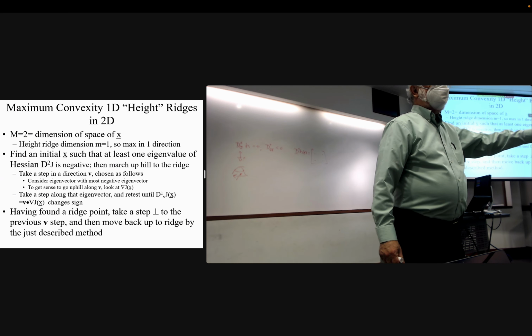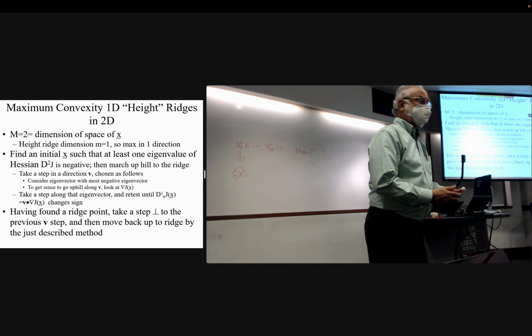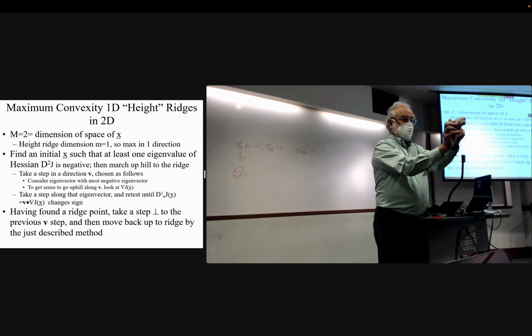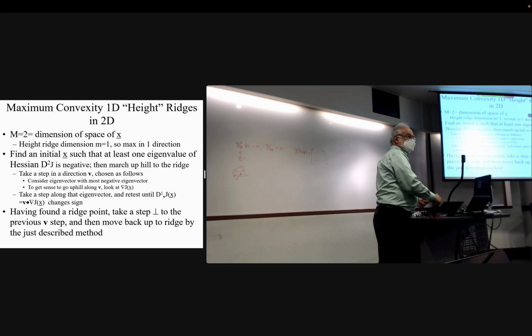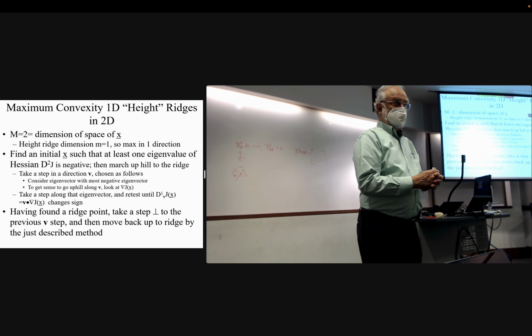Now we get a new ridge point. We will go in the orthogonal direction as well. Notice that the ridge doesn't have to be straight. In this example, my ridge is a curve in the plane. Questions about that way of operating?